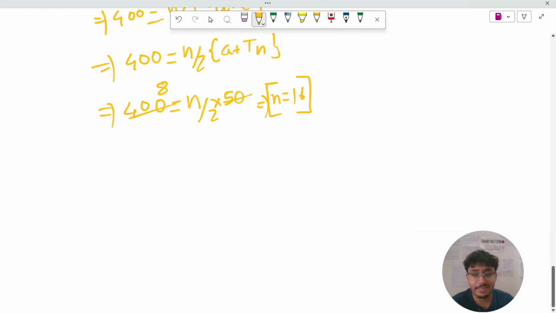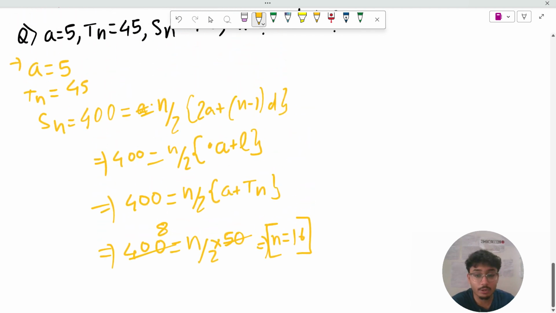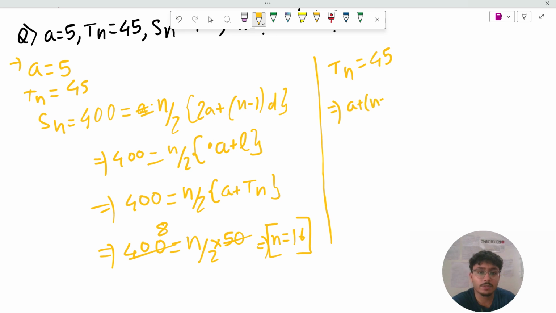Now we need to find my d. I will be using my tn to find d. My tn is 45, and tn is a plus n minus 1 into d. So 5 plus, I know n is 16, minus 1, that is 15, into d, is 45.